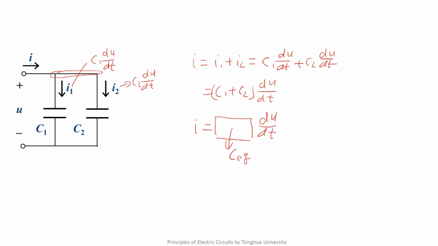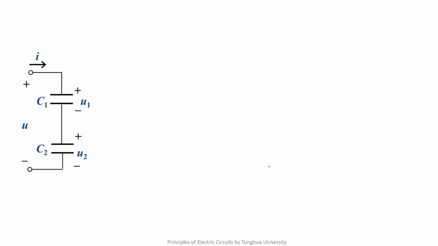Through our previous discussion, we know that the concept of equivalence is that two equivalent circuits have the same form and parameters. So Ceq is equal to C1 plus C2. Now let's talk about the series connection.